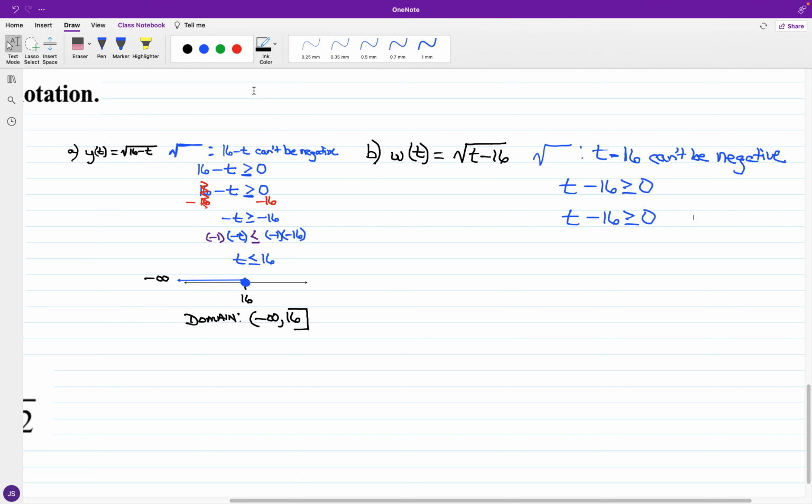And looking at isolating t, I can now add 16 to both sides. And doing so, I have positive t as opposed to negative t isolated. So we now have that t is greater than or equal to 16.